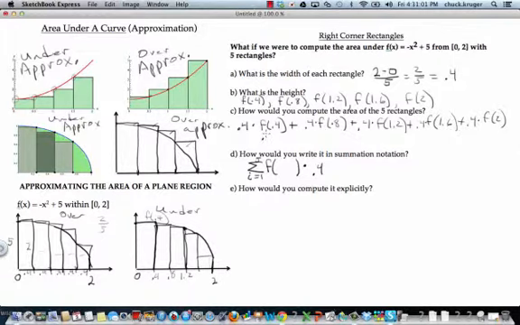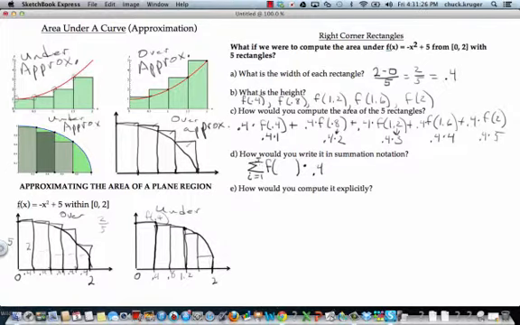Notice this is 0.4 times 1. This right here is 0.4 times 2. This 1.2 is 0.4 times 3. This 1.6 is 0.4 times 4. And this 2 is 0.4 times 5.